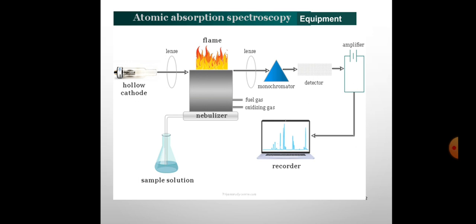But in the lower part of the flame, you can see a nebulizer that is used for spraying the sample into the flame. You see a sample solution that is sucked by the nebulizer or pumped by the nebulizer into the flame, and this is what we are going to talk about, the method of introducing the sample into the atomizer.